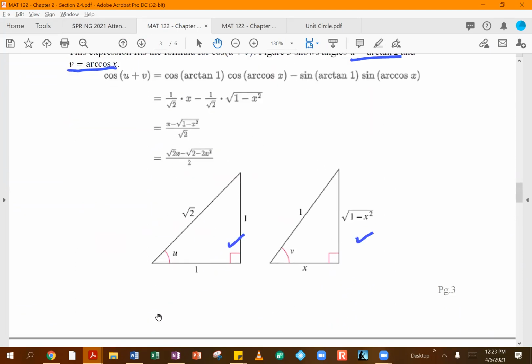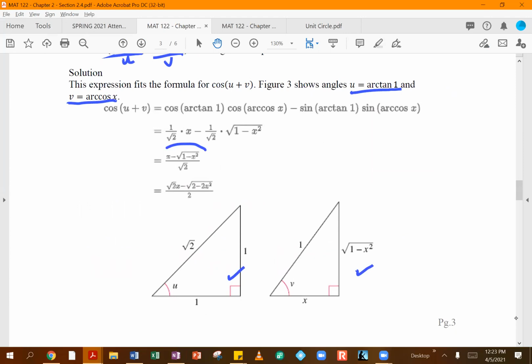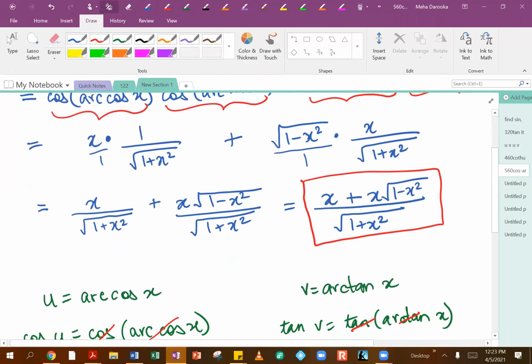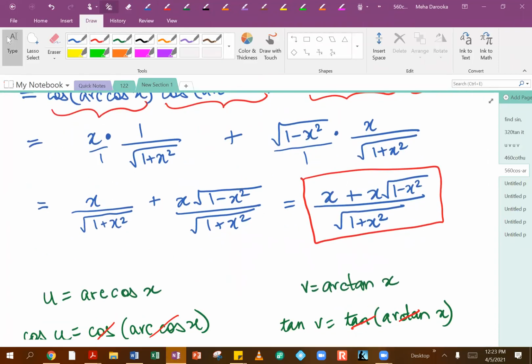Yeah, because otherwise you would have to rationalize your denominator, kind of like what we did here. But I have a feeling WebAssign will accept this as your answer because you've already got enough unknown variables in there.